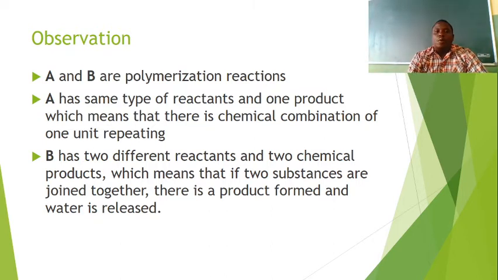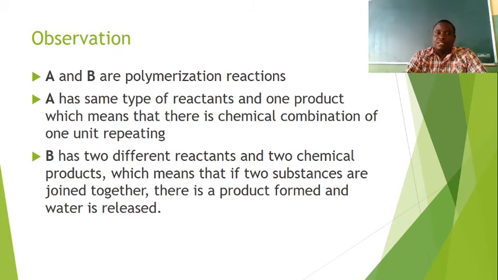But now we have a product that is formed, and also we have something added or released, which is water. This is the general observation that is going to help us analyze the types of polymerization.